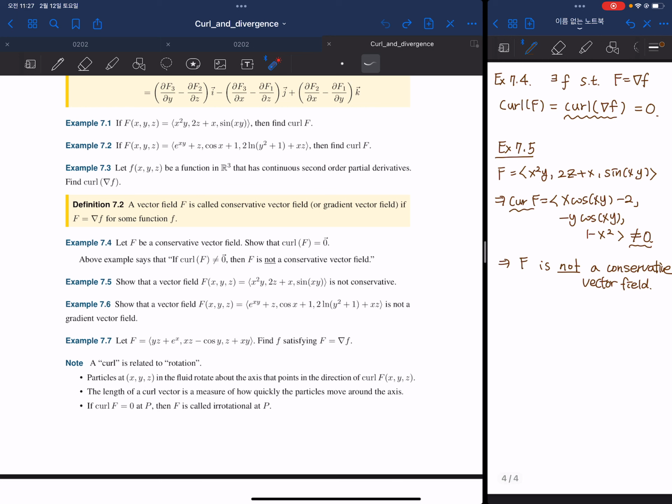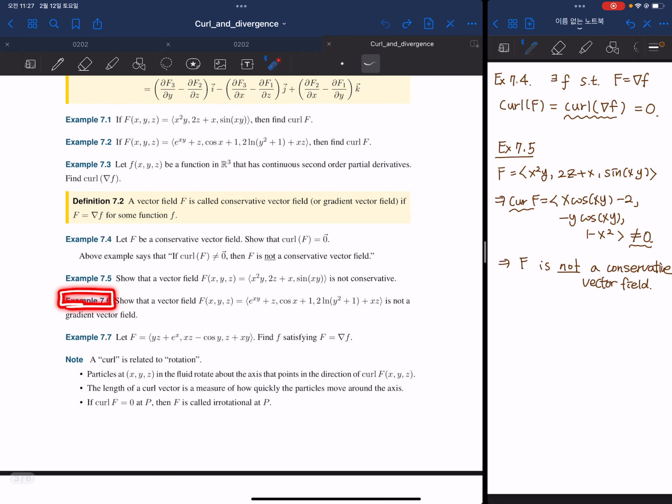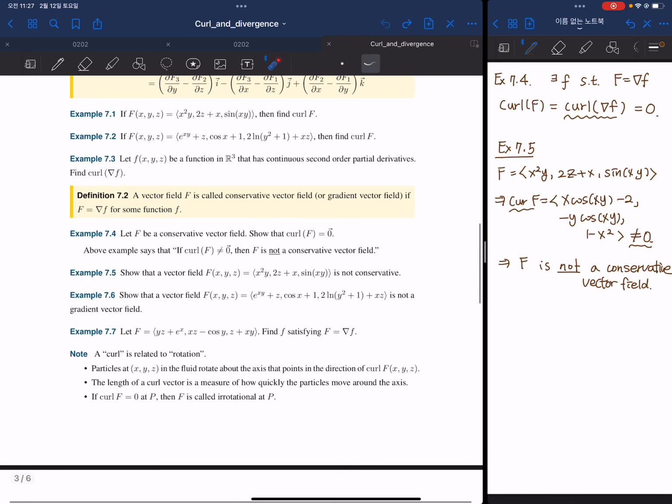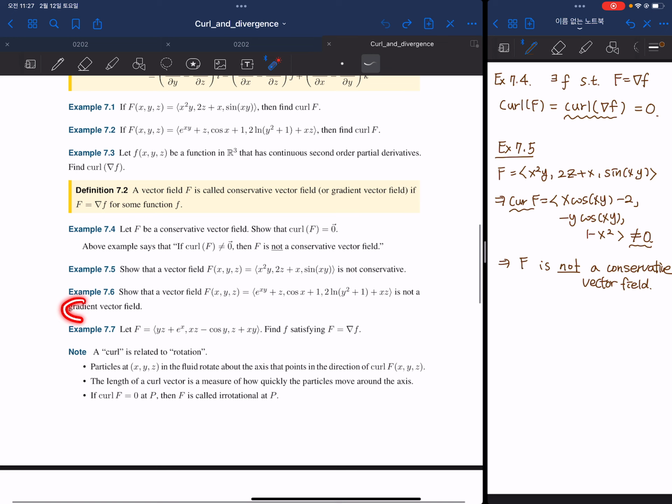Using the language you learned in the lecture, maybe you are familiar with this example. If F is given like this, we want to show that F is not a gradient vector field. Instead of conservative, I think you are familiar with gradient vector field. So we want to show that the vector field given like that is not a gradient vector field, and then we need to do the same thing. Our F is given by e to the xy plus z, then cosine x plus 1, and then 2 ln of y squared plus 1 plus xz.